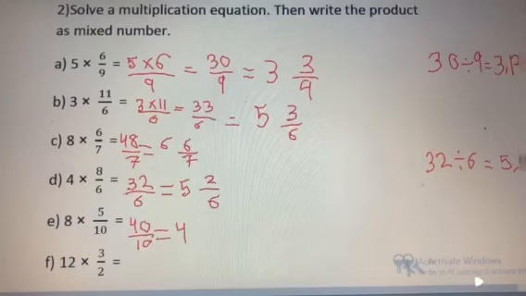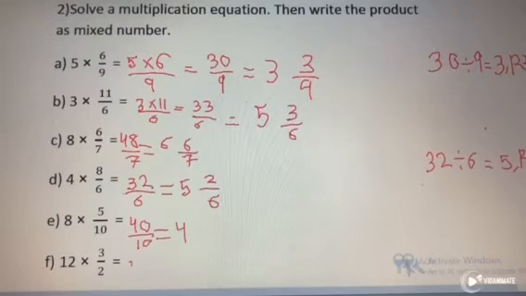Now 12 multiply 3. 12 multiply 3 equals 36 over 2. Now we have 36 divided by 2.